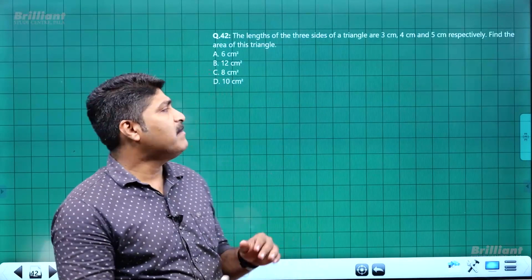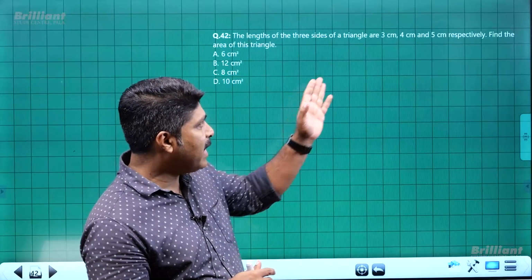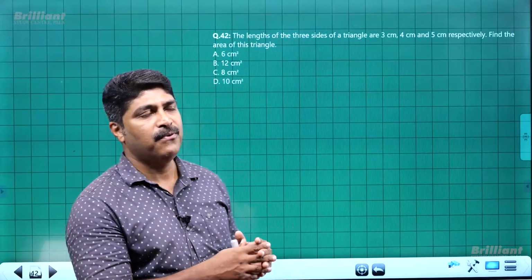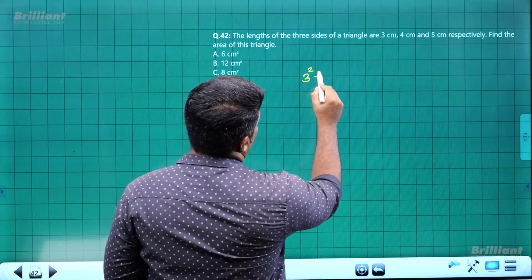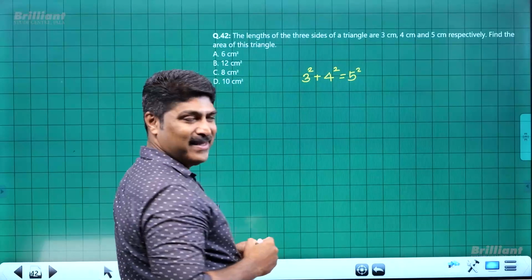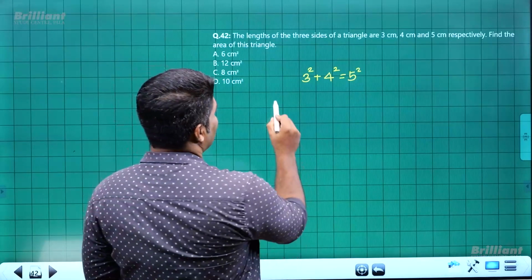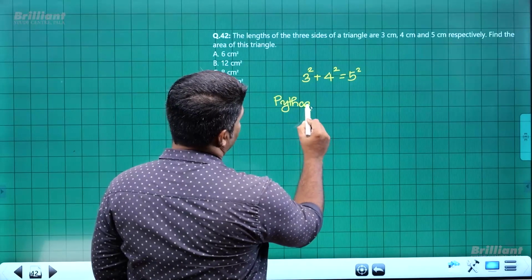But whenever you get a similar kind of question in your exam, just observe the speciality of such values, 3, 4, 5. What is the speciality here? This is 3 square plus 4 square is equal to 5 square. So just recall, this is a Pythagorean triple.